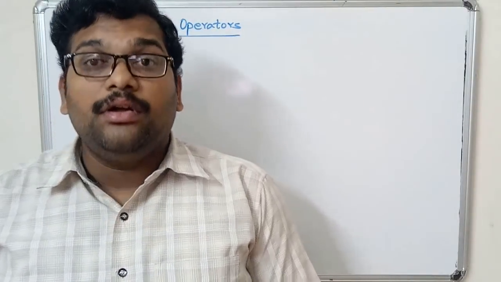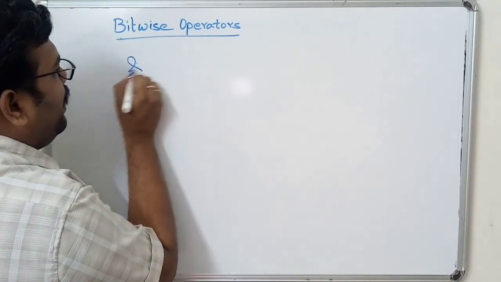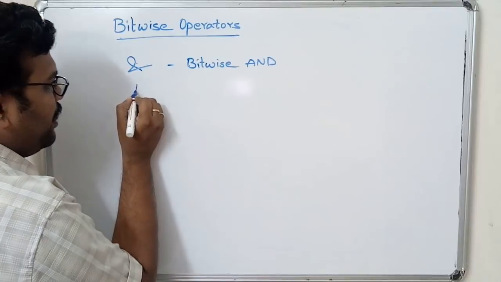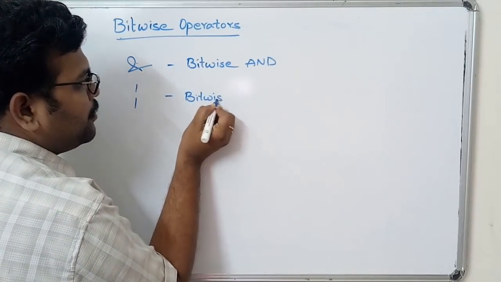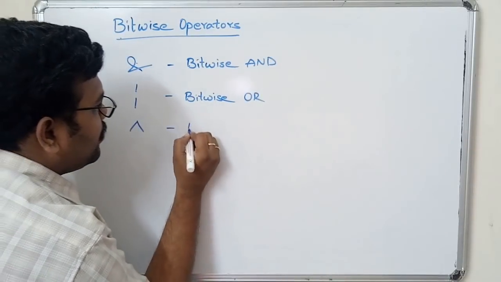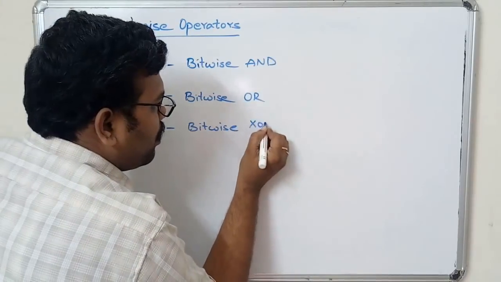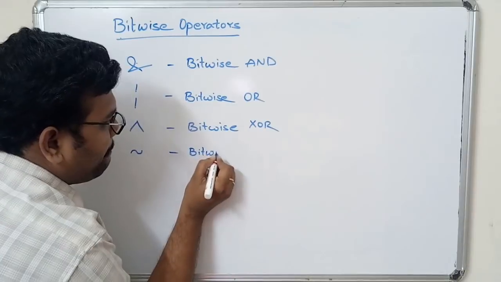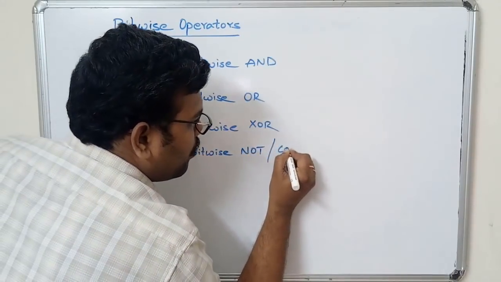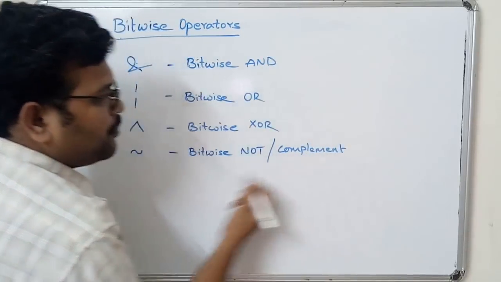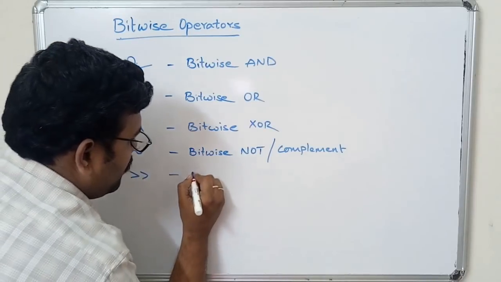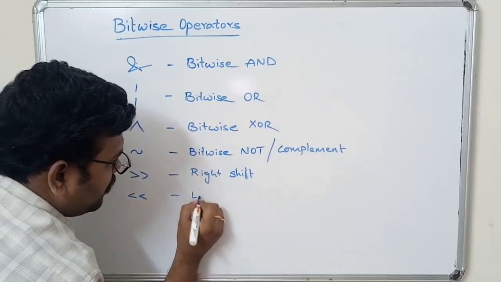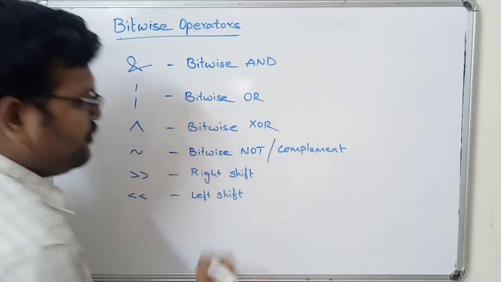Bitwise operators. The bitwise operators are: bitwise AND, bitwise OR, bitwise XOR, bitwise NOT or complement, right shift operator, and left shift operator.